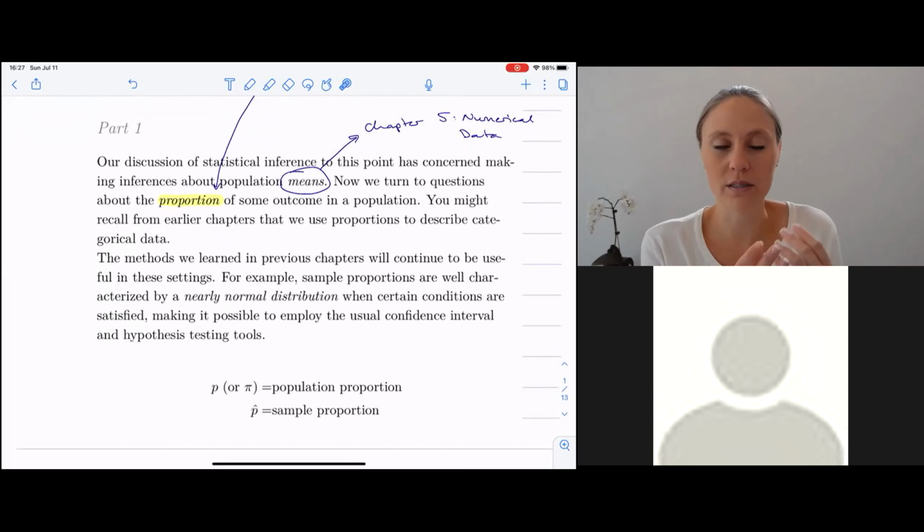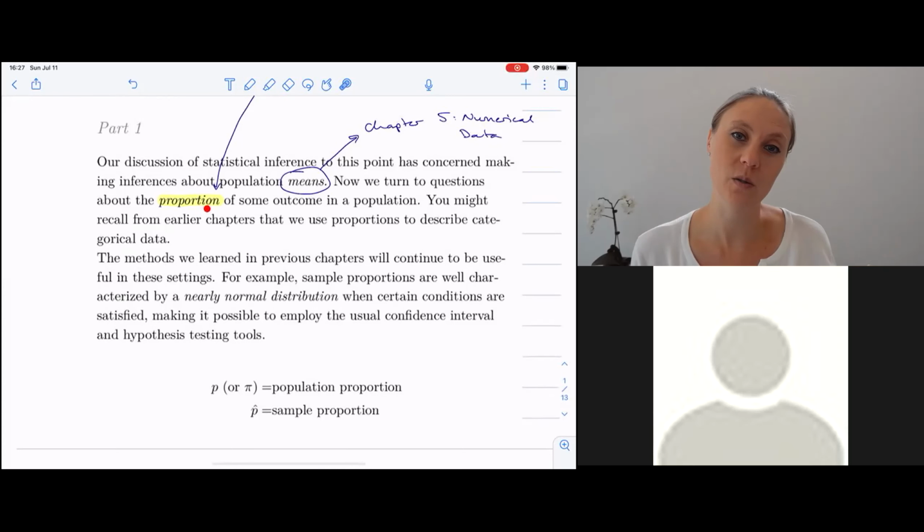Those all use t-tests. Whereas now for proportions, we switch back to z-scores and z-tests. So that's kind of nice.